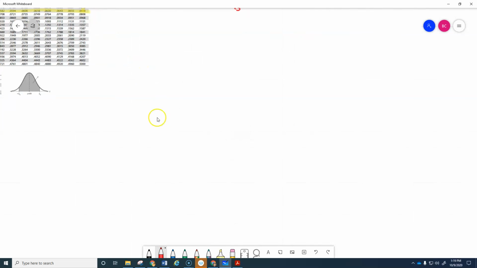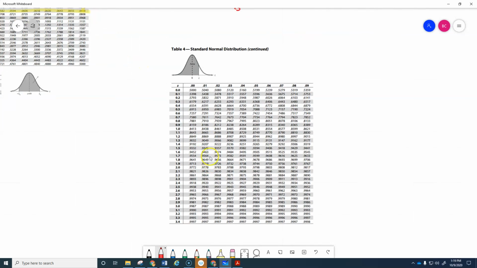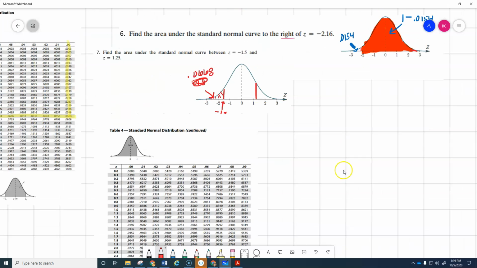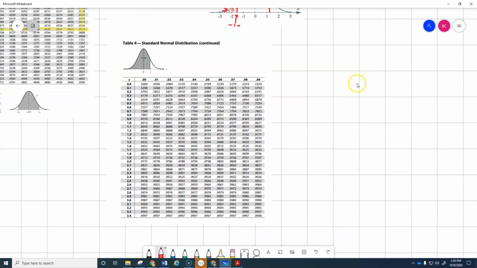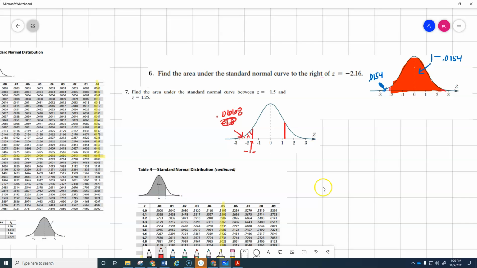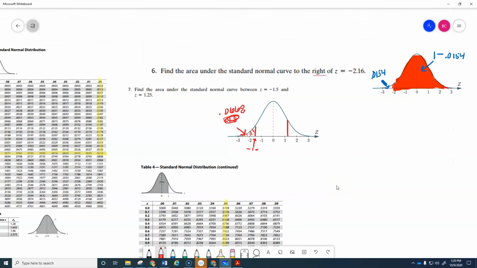I'm looking for 1.25. So here's 1.2. Here's 1. There's the 5. So I'm looking for this number, 0.8944.